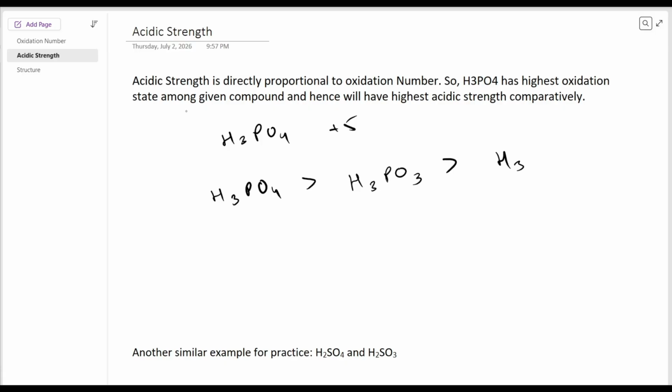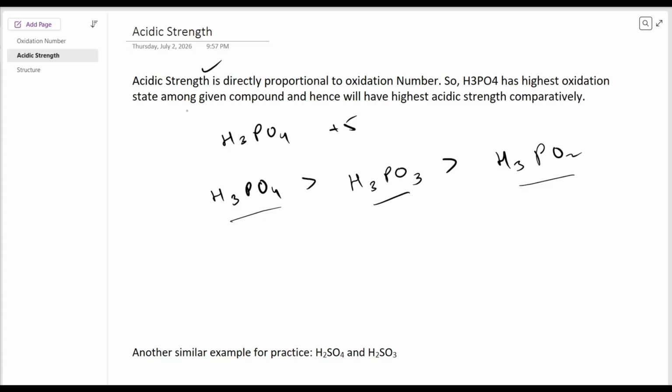If you are able to find the oxidation number of the central atom, then you can also find the acidic strength of that oxy acid, whether it's phosphorus, sulfur, nitrogen or anything. The higher the oxidation number, the higher the acidic strength. Acidic strength is directly proportional to the oxidation number. In our case, H3PO4 has the highest oxidation number, so among the given compounds, H3PO4 will have the highest acidic strength compared to H3PO3 and H3PO2.